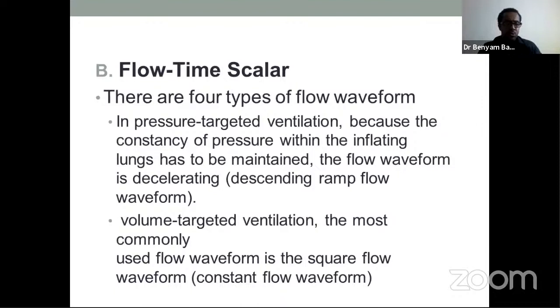But when we have volume targeted ventilation, mostly this is a square waveform, because the volume will be delivered via the flow. So the pressure will be variable, but the flow is constant. As long as the tidal volume is delivered, the flow is always constant. So it will look like more of a square flow form.